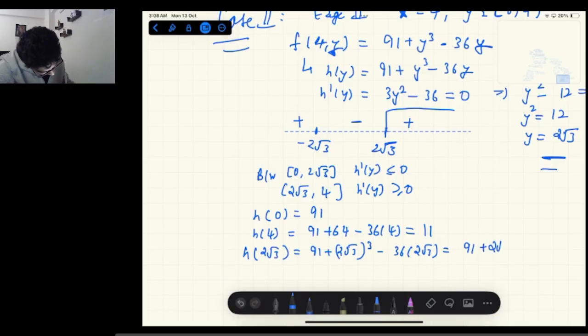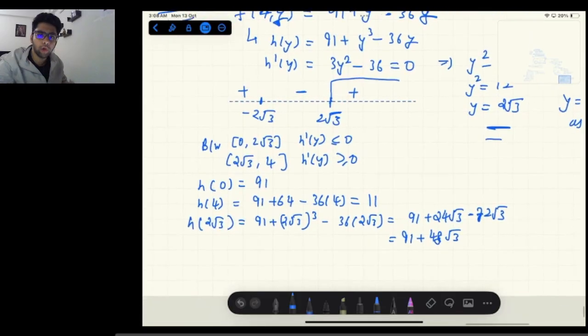So this becomes 24 root 3 minus 72 root 3. This gives me 91 plus 48 root 3.